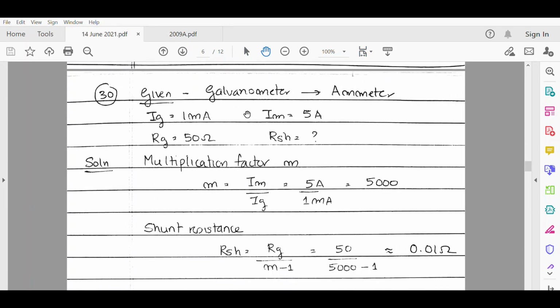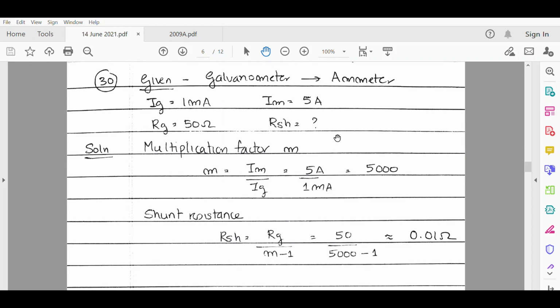Now the given parameters are that of a galvanometer. We wish to convert this galvanometer into an ammeter. The galvanometer current, full scale current, is 1 milliampere. The resistance is 50 ohms and the ammeter full scale current is 5 amperes, and we are required to find the shunt resistance.